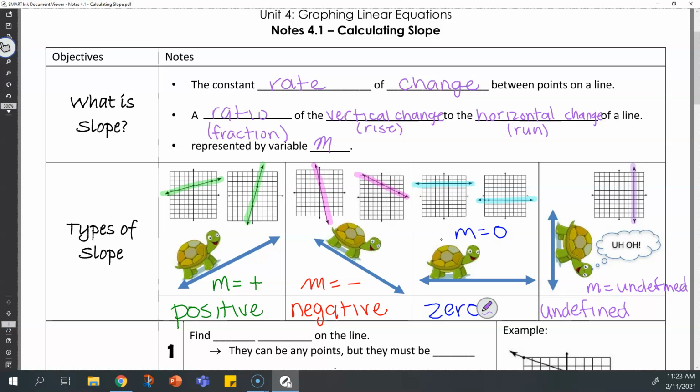If you put it in your calculator, you'll get an error, or it may straight up say undefined like Desmos will. Again, we're going to get more into what those 2 mean at the end of the lesson, but I wanted to talk really quickly about the 4 different types of slope. Positive, if it rises as you go left to right, it goes up. Negative, if it goes down as you go from left to right, and then 0 and undefined.